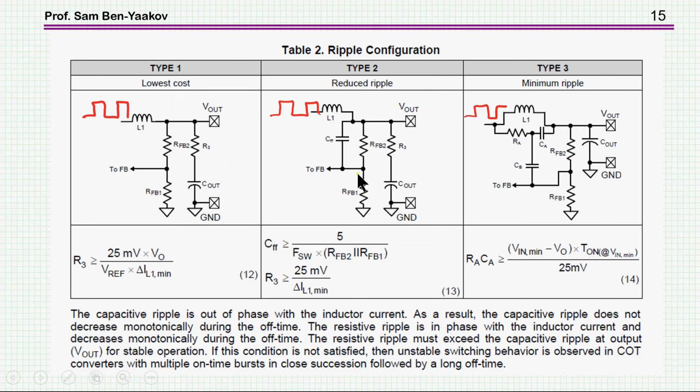You can increase a little bit the level of the ripple going into the controller by bypassing the divider, because here you have the ripple at the output, and here you have a divider to go from the output to the feedback. This is 2.5 volt, the reference here, or compared to the reference. So if this is a higher voltage, then you have a stronger voltage divider. So in order to go back to the value of the ripple here, you can put a capacitor, you sort of recover the ripple here.